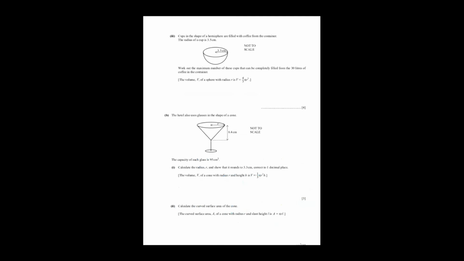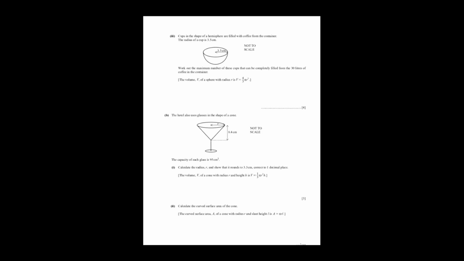Cups in the shape of a hemisphere are filled with coffee from the container. The radius of this cup is equal to 3.5 centimeter. Work out the maximum number of these cups that can be completely filled from the 30 liters coffee in the container. Any idea? Since it is a hemisphere, we can calculate its volume.